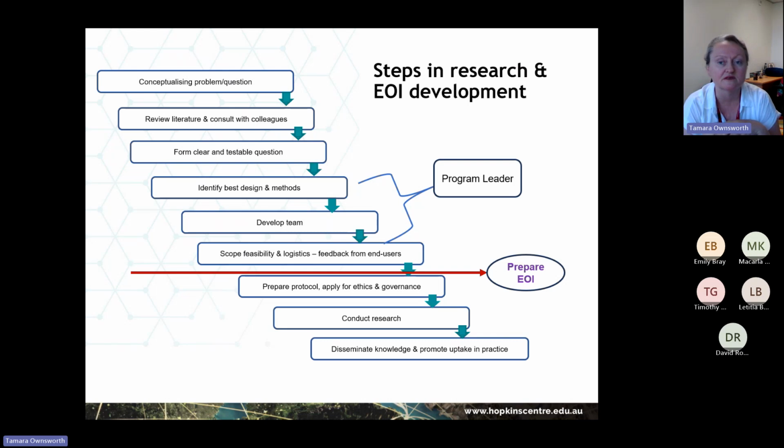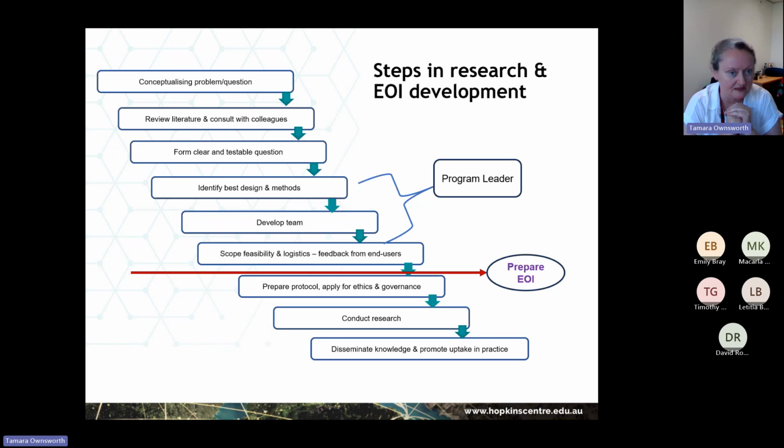And then really the final step before preparing your EOI is to scope the feasibility and logistics of the project that you've identified and get some feedback from end users, so people for whom the research is developed to benefit.